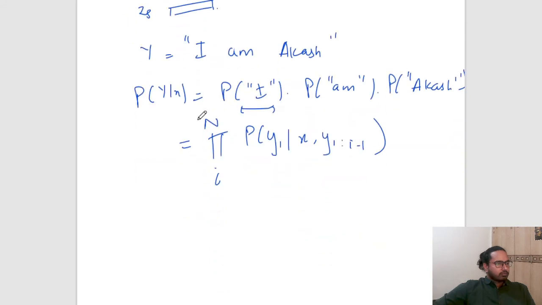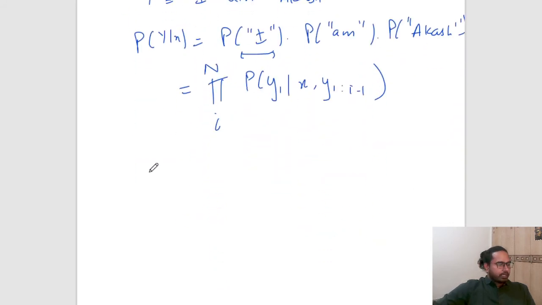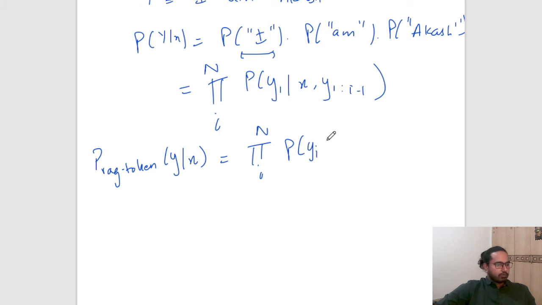So if we try to write it correctly, for the RAG token formulation, the probability of an output sequence given X is equal to the product of the probability of each and every token in the sequence given the input X, all the retrieved documents, and all the tokens it has seen till now. Okay, but what is the value here?